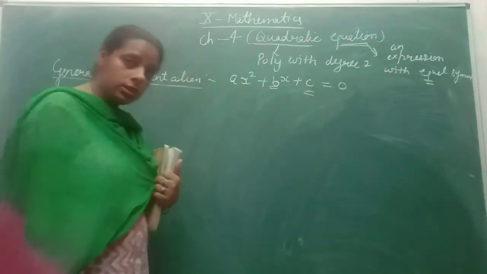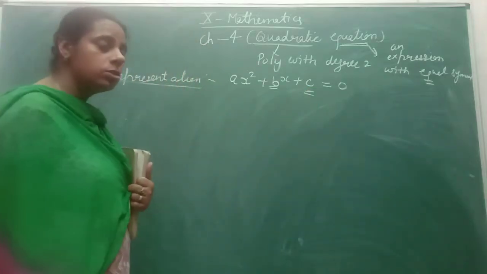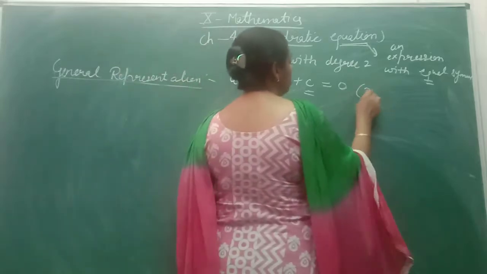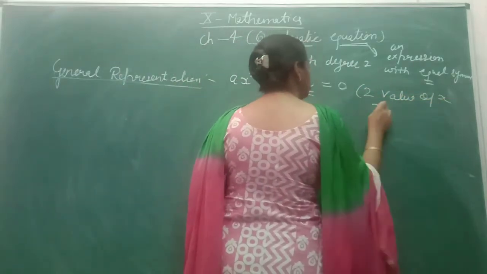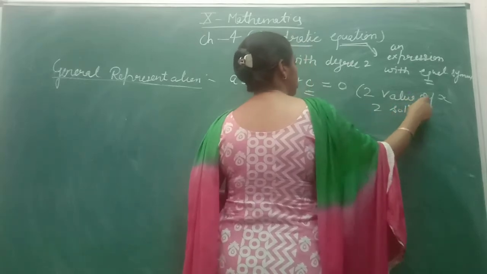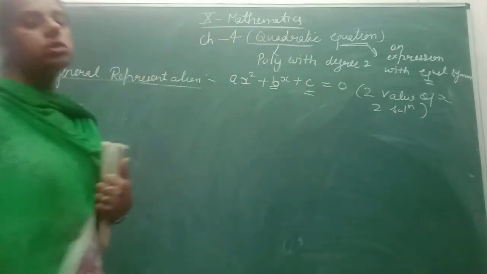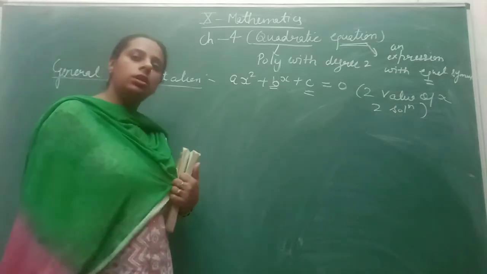How many values are possible for a quadratic equation? There are two values of x, or we can say there are two solutions of x possible in the case of a quadratic equation.